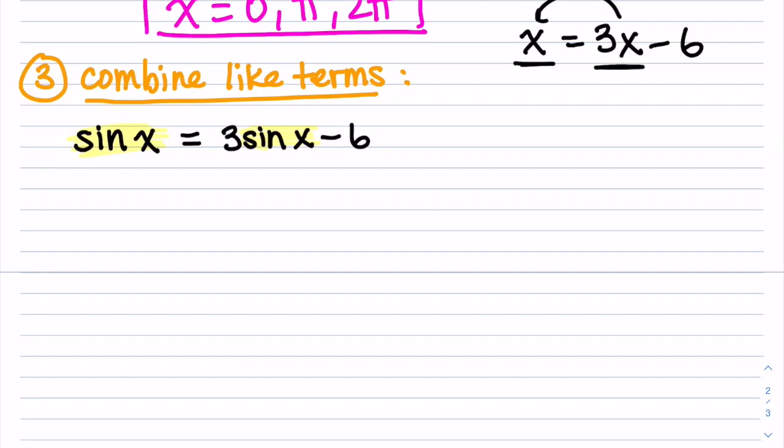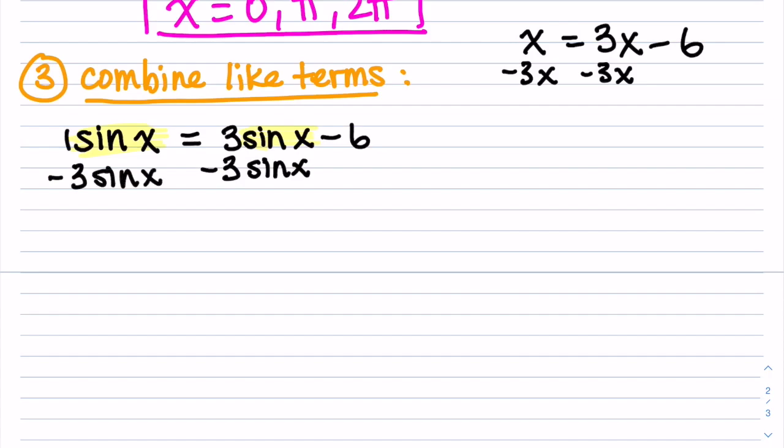So in this case, I would say, let's subtract 3 sine x, right? And then the number in front of here is 1, so those will cancel or undo each other. And then I just have to think, what is 1 minus 3?